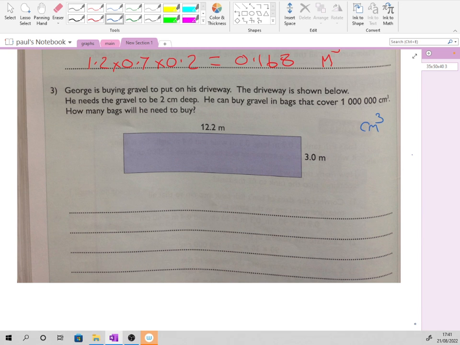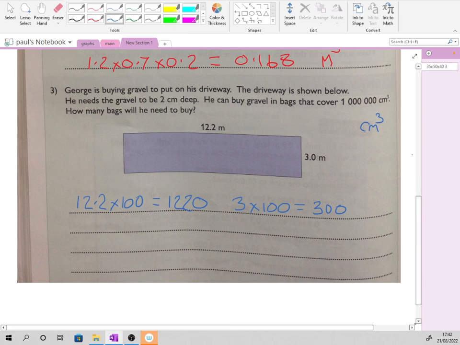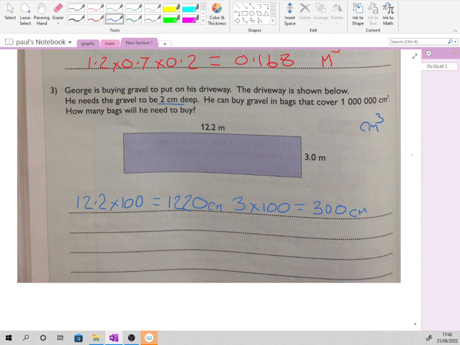So I need to change this into centimeters. 12.2 times 100 is 1220, and 3 times 100 equals 300. My other one there is 2 centimeters, so I don't need to change that. So let's multiply the 3 together: 1220 times 300 times 2, that's the depth.